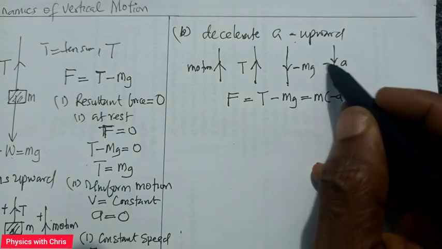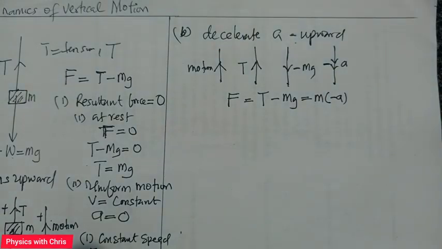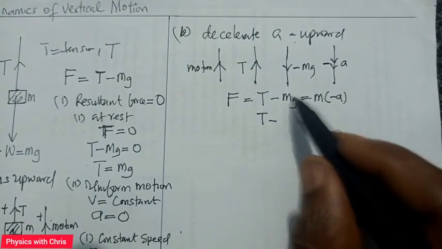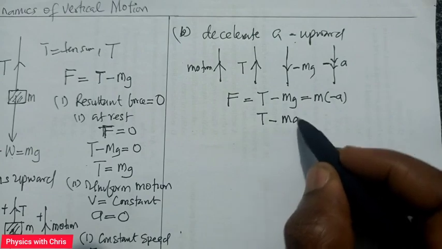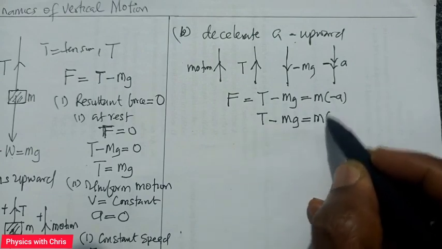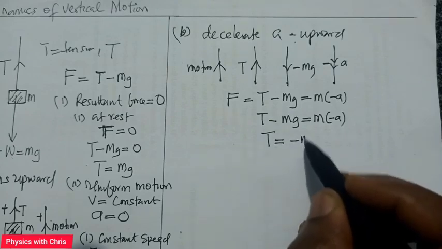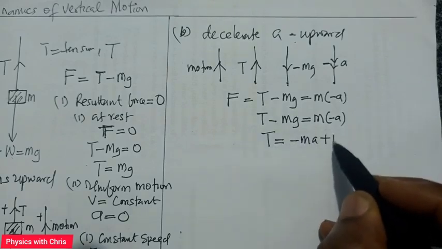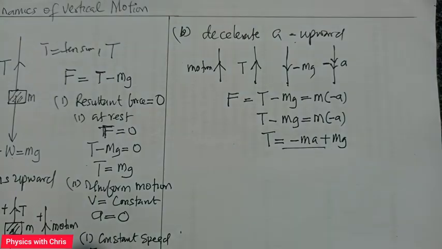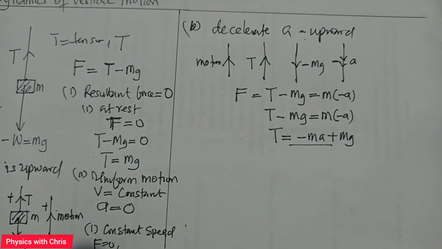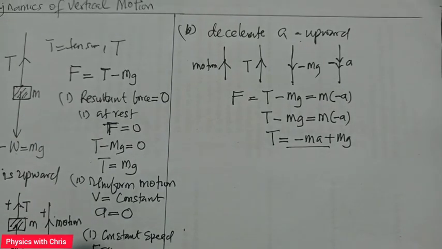And recall that we said that downward direction is negative. So when I'm asked to find the tension, given the acceleration and the mass of the body, I have this equal to minus ma, which gives me the tension in the string as minus ma plus mg. So this gives the tension in the string if the body moves upward with a constant deceleration.